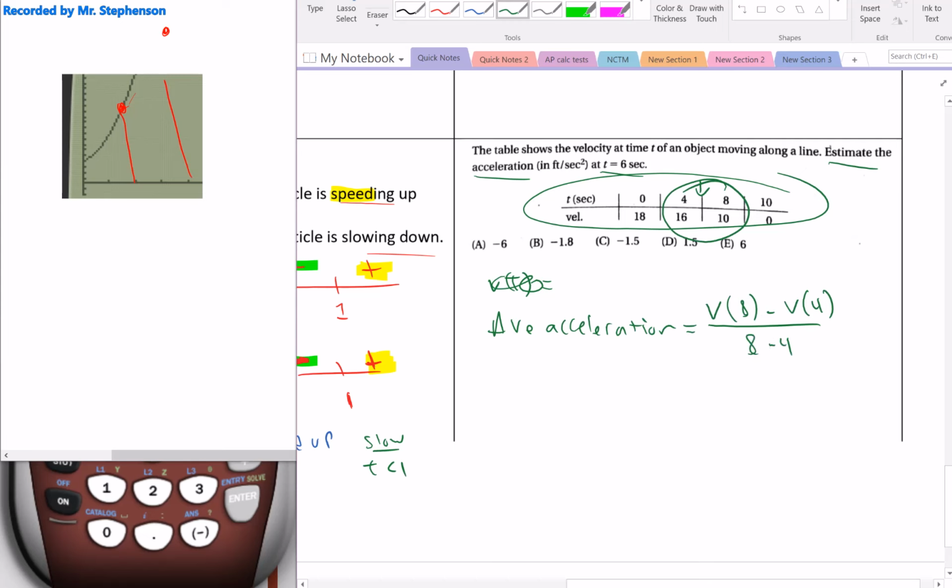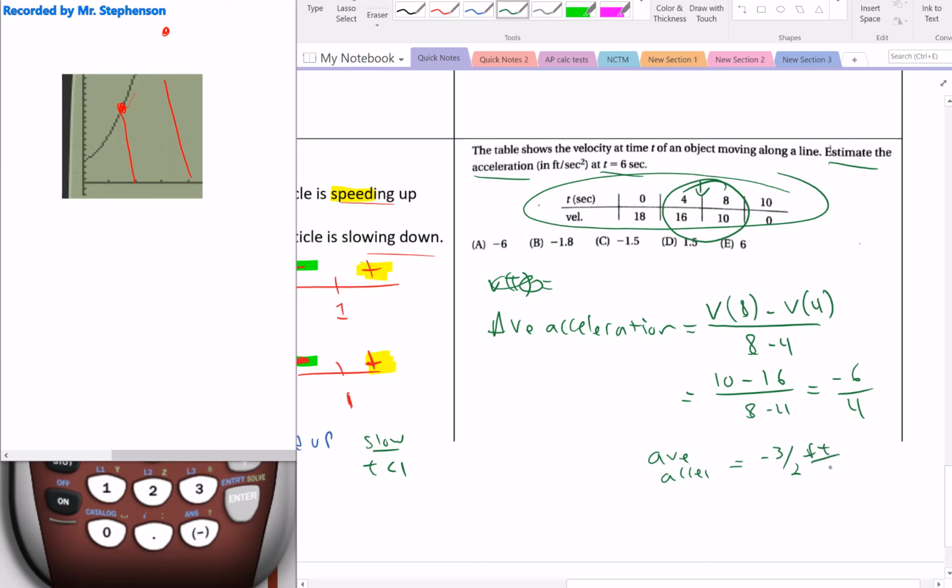Notice it's the slope of a secant line for the velocity, and v of 8 is 10, v of 4 is 16 over 8 minus 4. This is going to give us negative 6 over 4, which is negative 3/2, right? So I could say the average acceleration is negative 3/2.